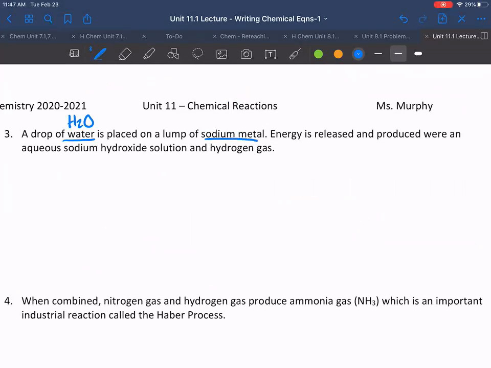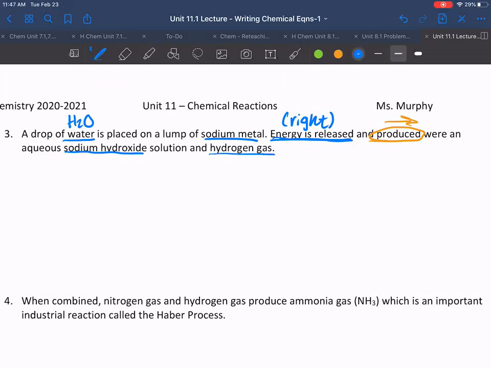So we have sodium here. Energy is released. So again, what side are we putting energy? Okay, I'm going to write myself a note so I don't forget. And if it was released, we're going to put our arrow, and then we're producing aqueous sodium hydroxide and hydrogen gas.